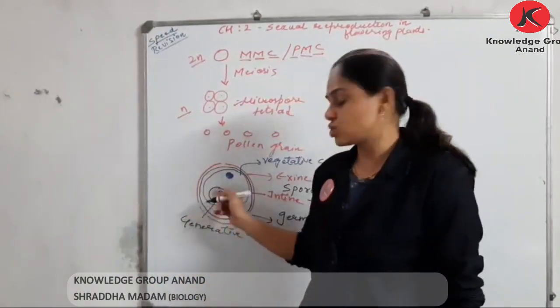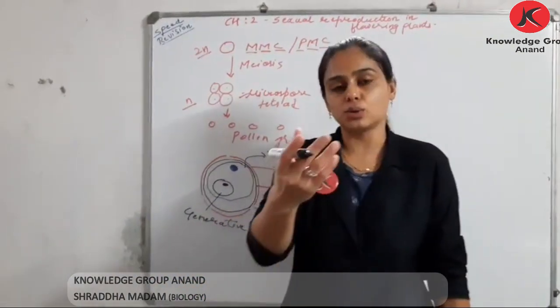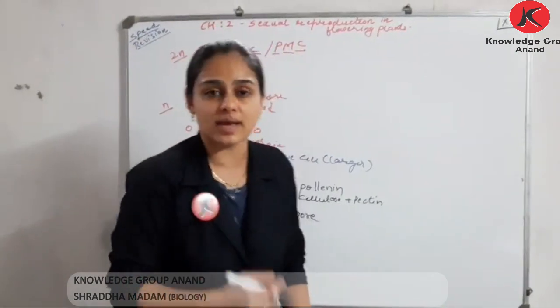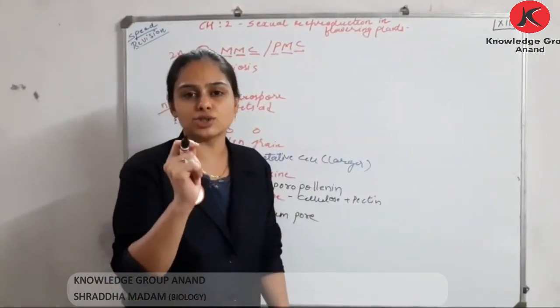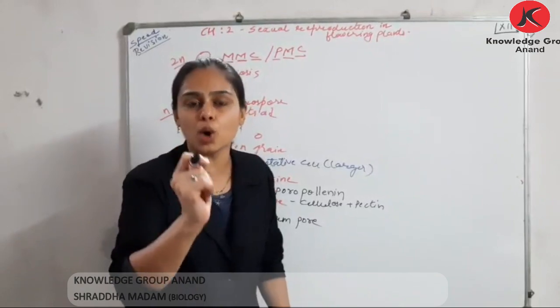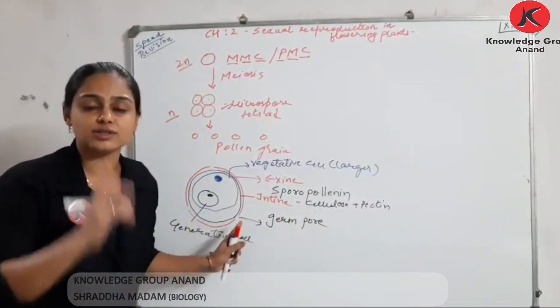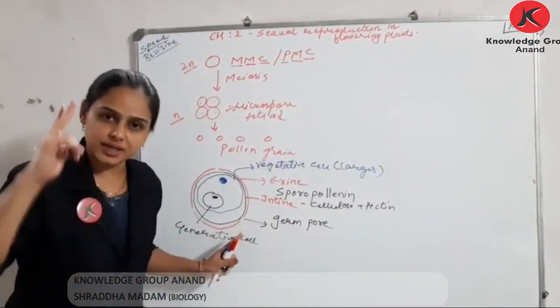If I want to say in terms of percentage, then 60% of your angiospermic plants shed their pollen in this condition, that is two cell condition.